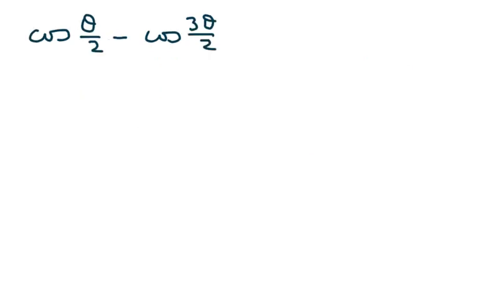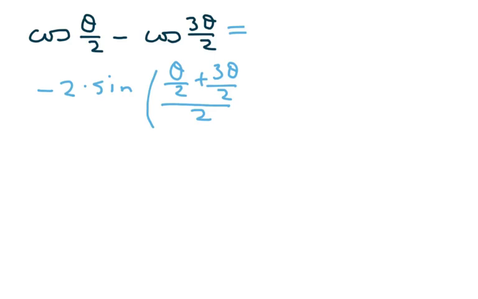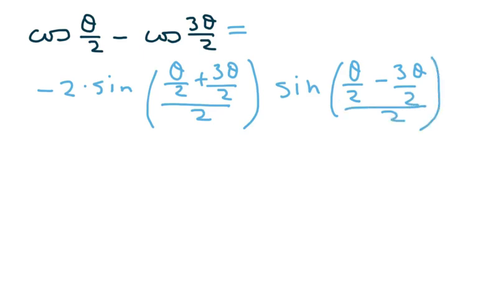And the next one is with the fractions. So we have, use my formula. I'm going to get negative 2 times sine of theta over 2 plus 3 theta over 2, all divided by 2, times sine of theta over 2 minus 3 theta over 2, all divided by 2.